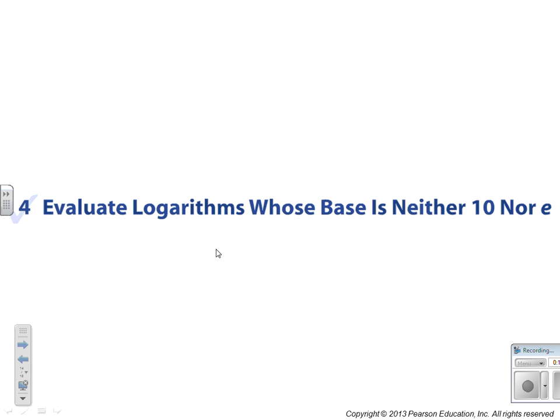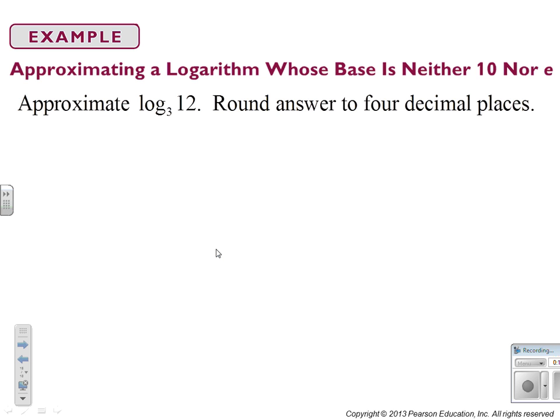All right, next learning objective is to evaluate logarithms whose base is neither 10 nor e. So we're going to approximate log base 3 of 12, round our answer to 4 decimal places. So we rewrite it as y equals log base 3 of 12.